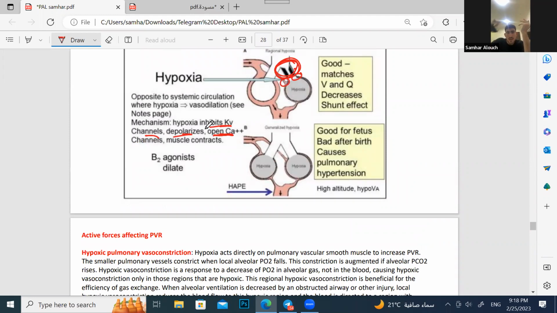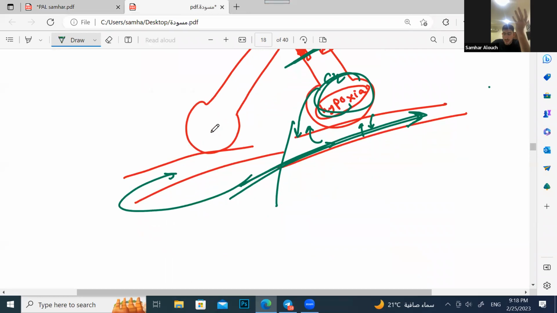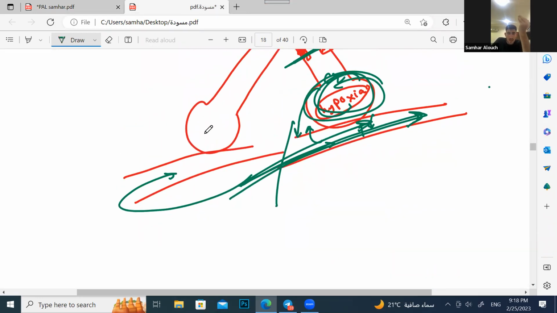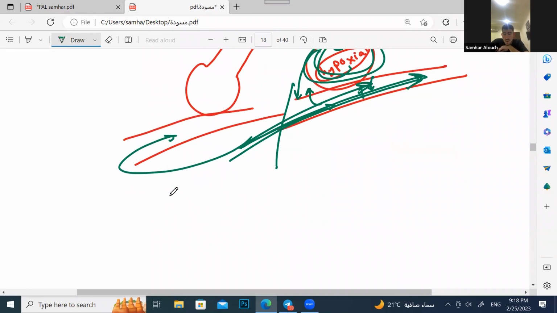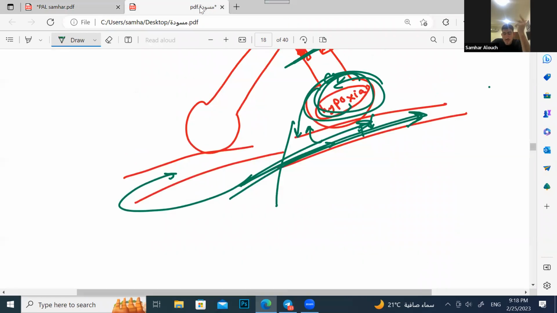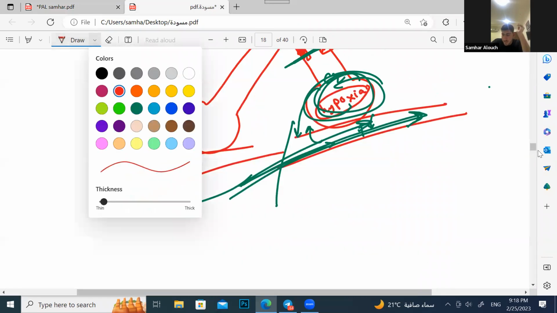And since it depolarized, calcium channels open, calcium enters, and causes vasoconstriction. Vasoconstriction will cause the blood to go to the other side. But that's actually good, because we don't want blood to go through this vessel since there is hypoxia here. What's the point? I will have deoxygenated blood. Maybe sodium depolarizes after potassium closes, but it's not important now.